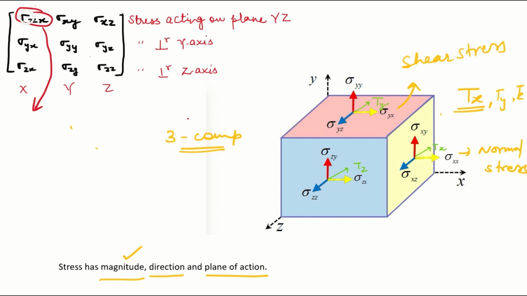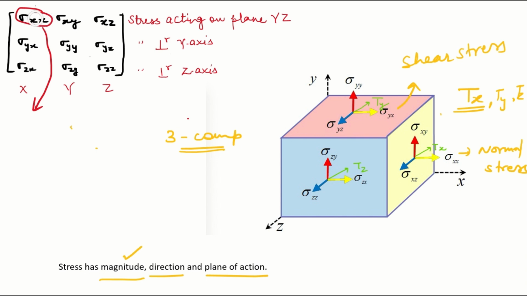To represent this particular component, how many basis vectors or how much information do you need? Here sigma xx: the first subscript is for the plane of action and the second subscript is for the axis along which the force is acting. So here you need two pieces of information.